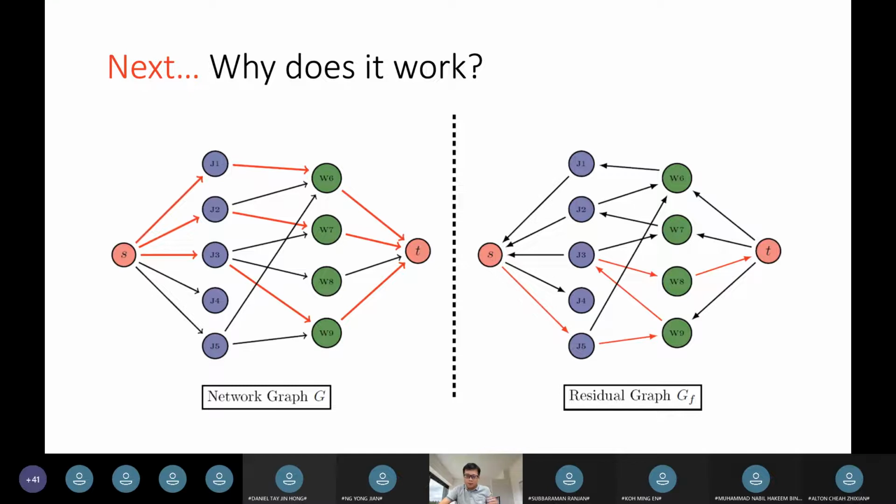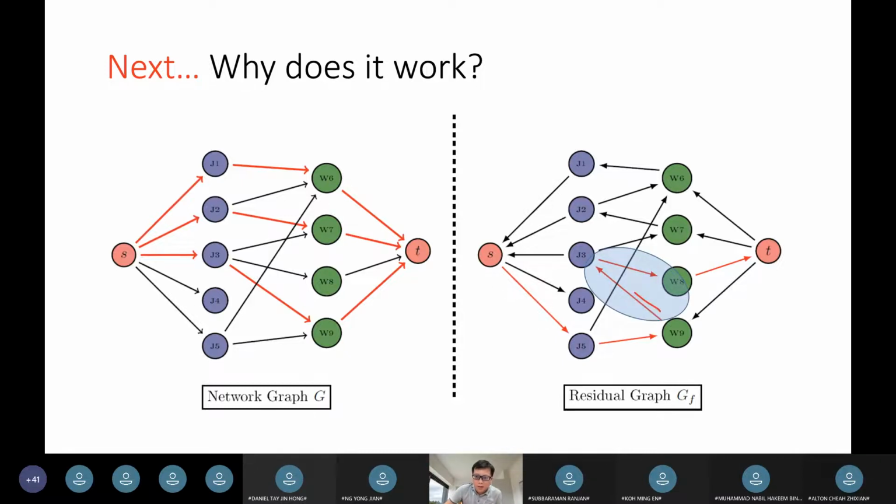Okay. The new one. So what we do, we also update it into the original graph. But how does it work? Because you can see this one, right?